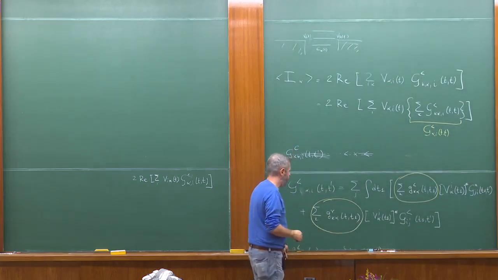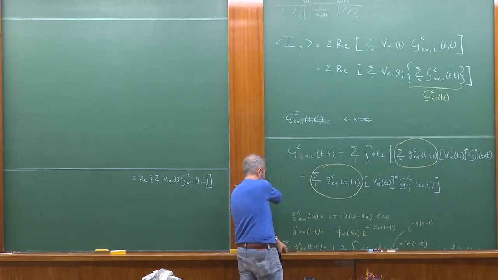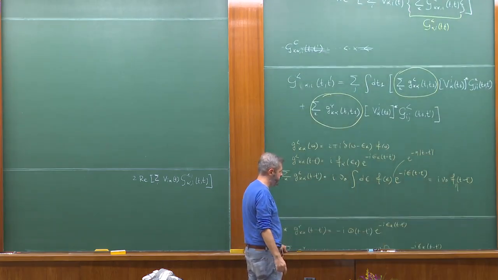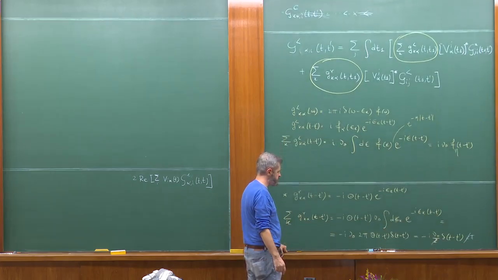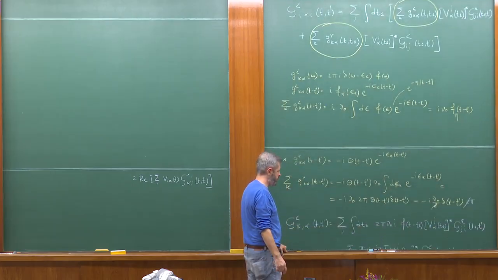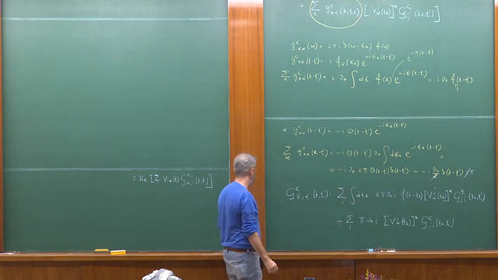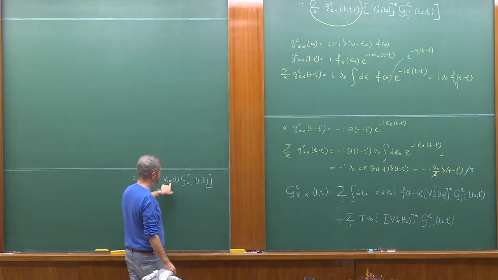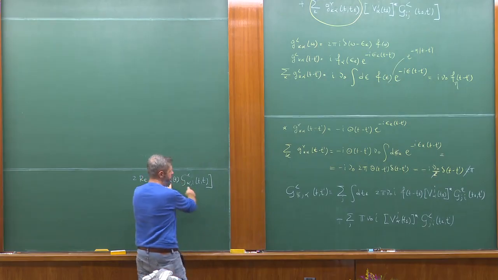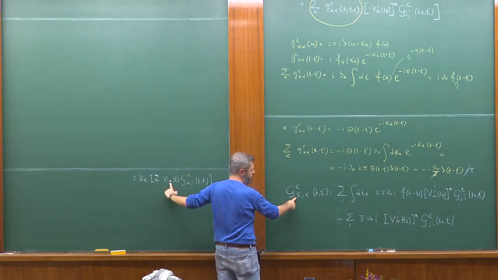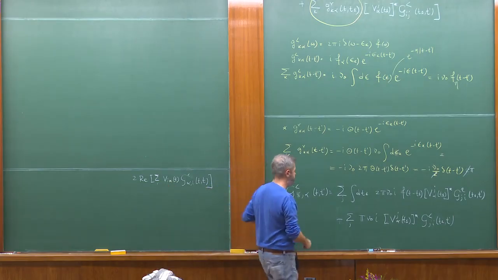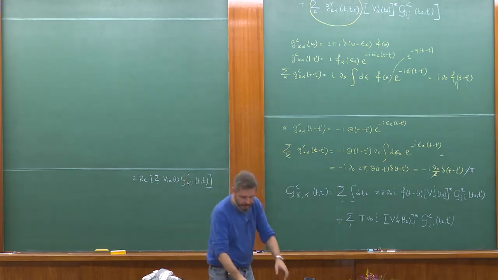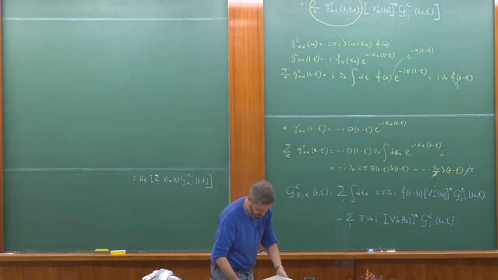Okay. So now what I want to do is exploit this structure. You see how things work. There is a VI alpha, and then this function here.